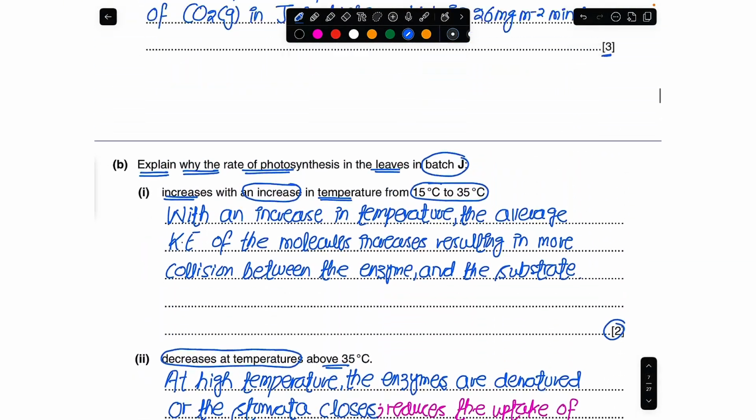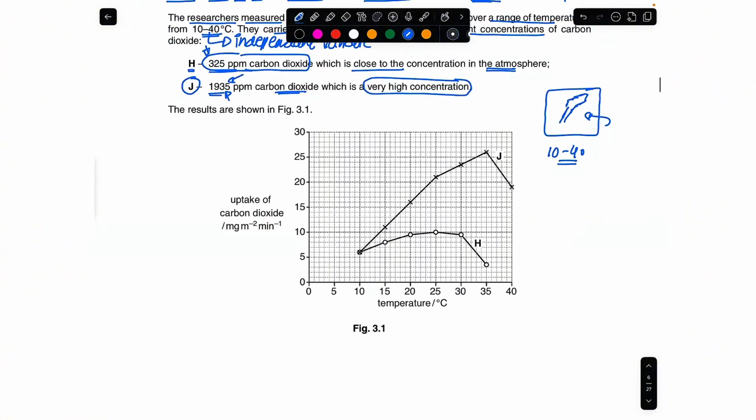Now, if I just take you back to figure 3.1, what we see is that when the carbon dioxide concentration was more, in the transparent chamber that we were given in J, the uptake of carbon dioxide by the plant was more, and that would mean that the photosynthesis happening in the plant is more.